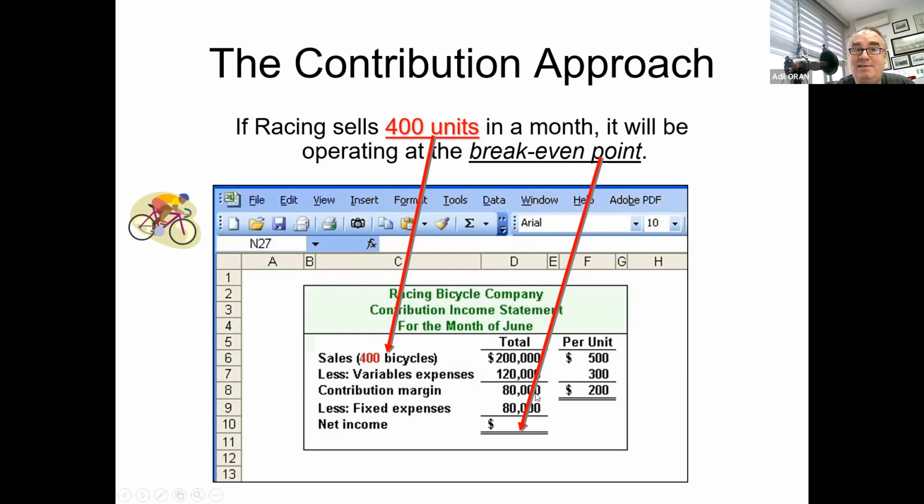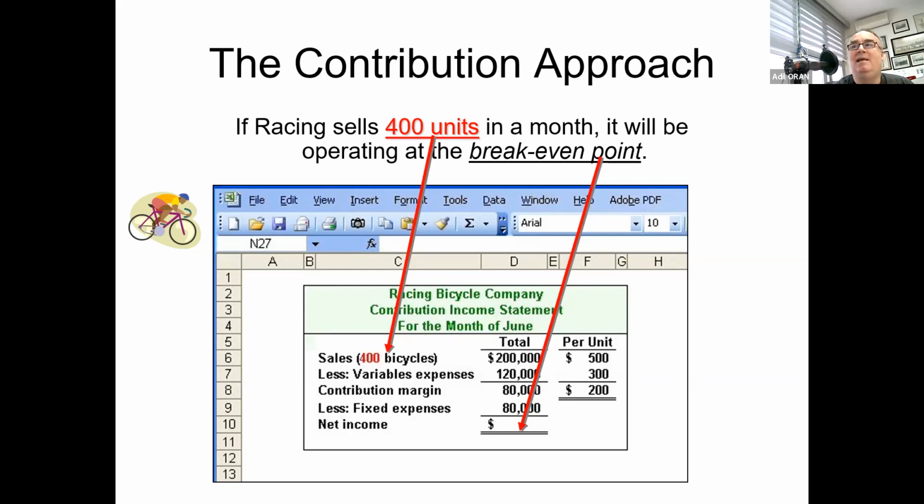I could have told you this directly: 400 bicycles times a contribution margin per unit of $200 gives a contribution margin of 80,000, which is just enough to meet your fixed expenses. So your net income would be exactly zero, which is the definition of break even. So if you sell 400 bicycles, you have reached break even under these conditions.